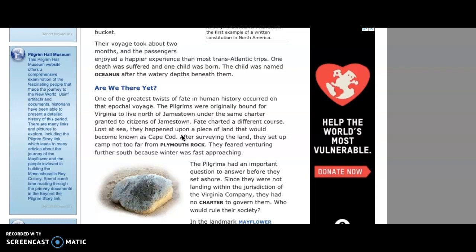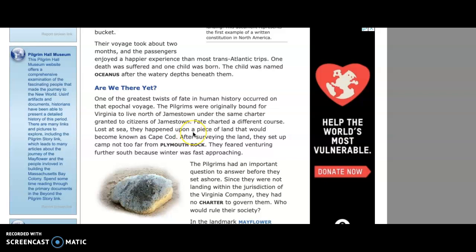The Pilgrims were originally bound for Virginia to live north of Jamestown under the same charter granted to citizens of Jamestown. Now remember, charters kind of like the Constitution. It's like a guideline of what you can and cannot do, and it was given to the people by the king.